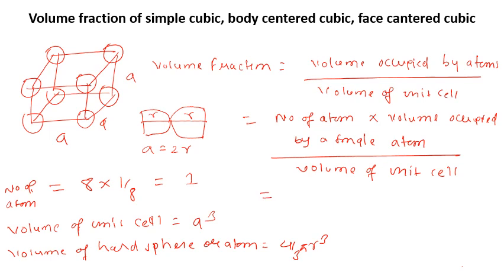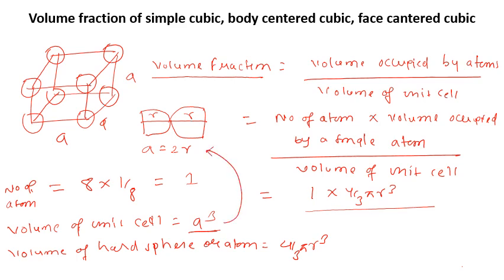So now we are ready to put all the required material into our volume fraction formula. Here is the volume fraction formula, which represents the volume occupied by atoms divided by the volume of the unit cell. So now we have total number of atoms in case of simple cubic only 1, multiplied by 4 by 3 pi r cube, the volume occupied by a single atom, and divided by the volume of a unit cell. So we have a cube as the volume of unit cell.